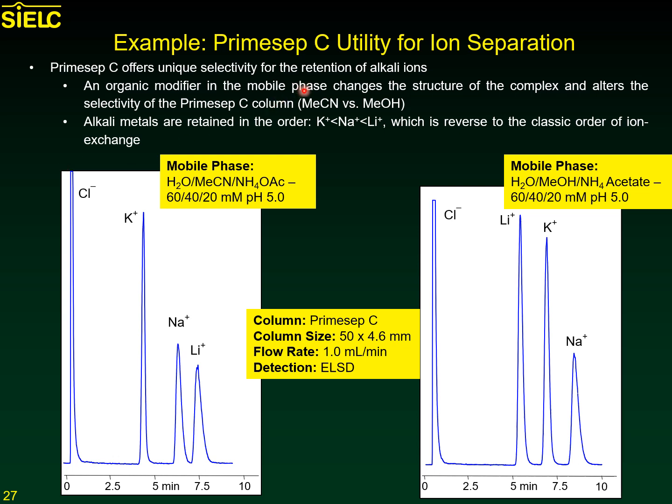As to the organic modifier chosen, if one were to use acetonitrile as the organic modifier, the ions would elute in the order of potassium, sodium, and lithium. And if one were to use methanol as the organic modifier, they would observe an elution order of lithium, potassium, and sodium. And once again, this is due to the choice of your organic modifier modifying the structure of the complex that forms with the ions themselves.